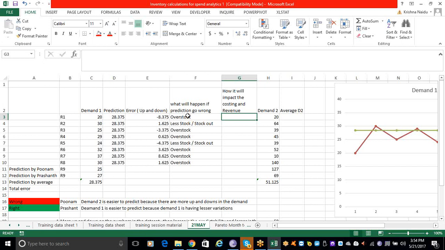So if you have overstock, Prashant, if you build an overstock in your company, how is it going to impact your financial outcome? Any answers, please?